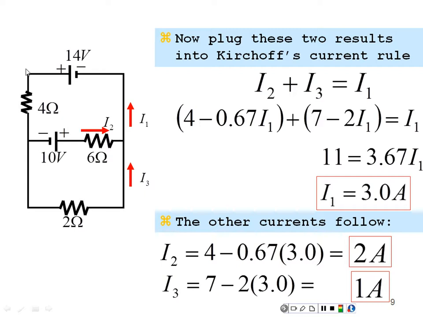I could walk this way, which would have been plus 4I1 minus 10 plus 6I2. If I did 4I1, which is 12, minus 10, which will leave me with 2, plus 6 times I2, which is 12, that gives me 14 volts as well.